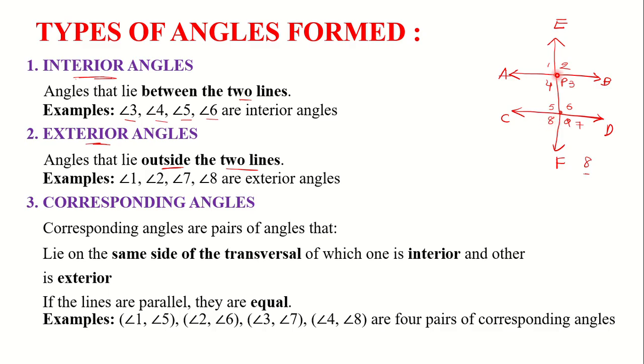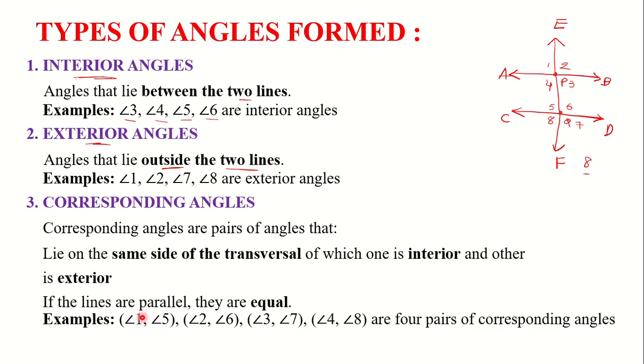Okay. So they lie on the same side of the transversal and they should not be adjacent. Adjacent means they should not be side by side. So angle 4 here is the interior angle, which is inside the lines, and the exterior angle here is angle 8, which is outside the lines. So the pair of angles, angle 4 and angle 8, is your corresponding angle. Similarly, see here in this example, angle 1 and angle 5 are a pair of corresponding angles.